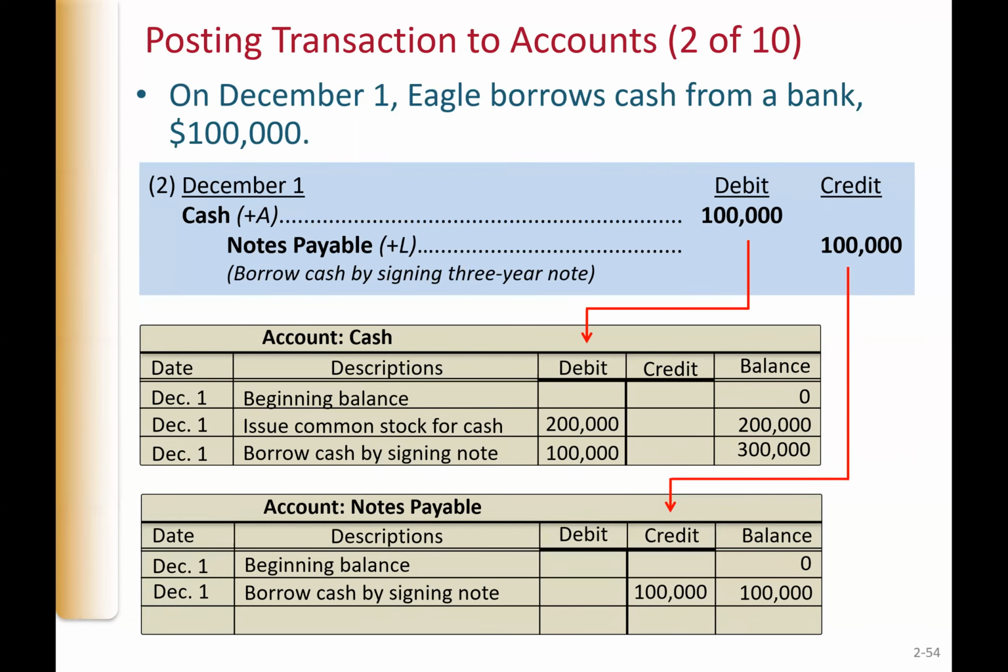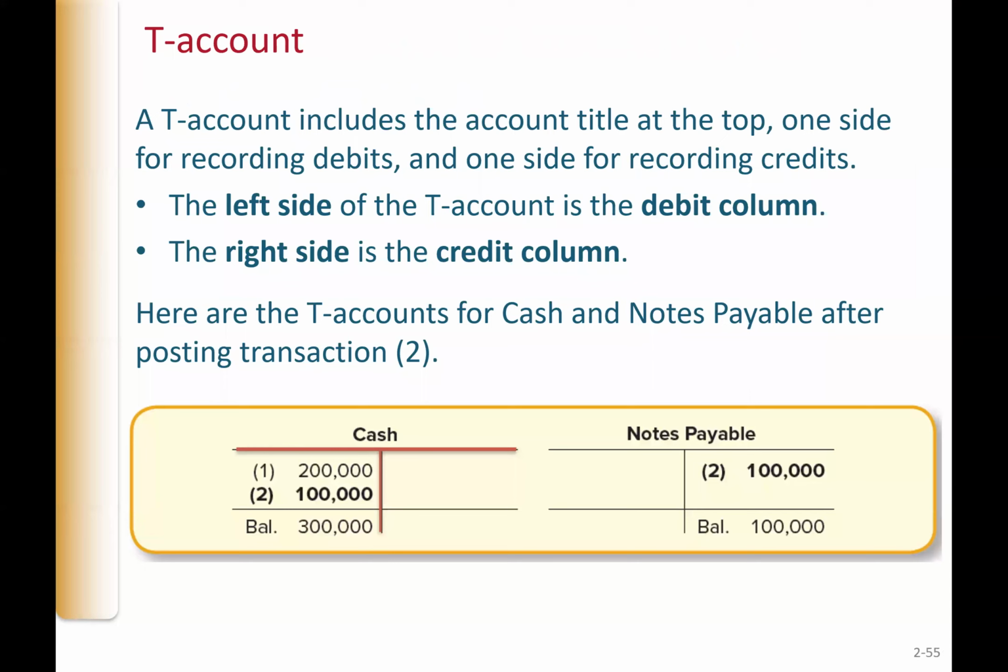You see, this ultimately flows again to the cash account. And this transaction on this side, the notes payable, flow over to the liability called notes payable here. So these all get transferred into the various accounts. As you see here, a T account is just a real simple way of taking the transactions and posting them to the individual accounts.